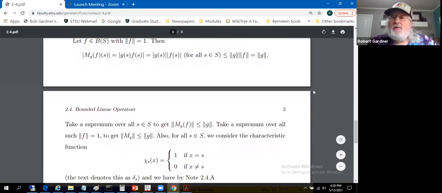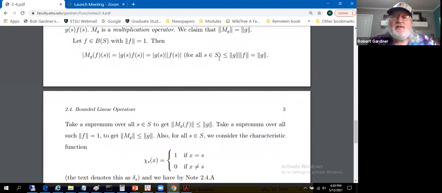All right, so we've got this inequality established. The absolute value of M sub G of F evaluated at s is less than or equal to the norm of G. Let's take a supremum in this inequality over all s.